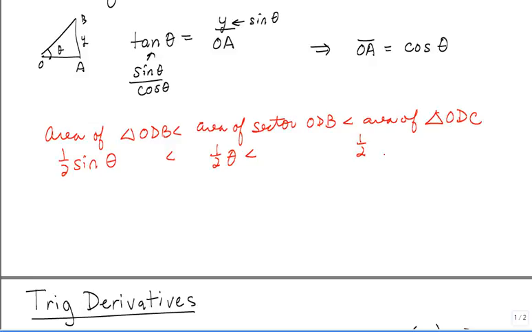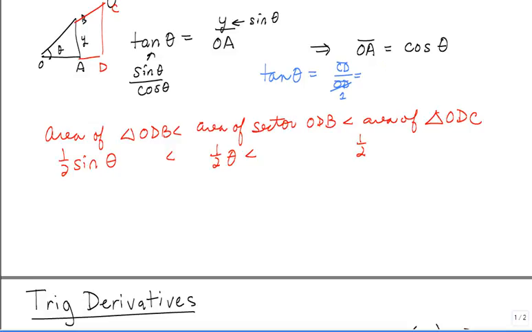Tangent theta is also CD over OD. And OD is 1 because it's a unit circle.